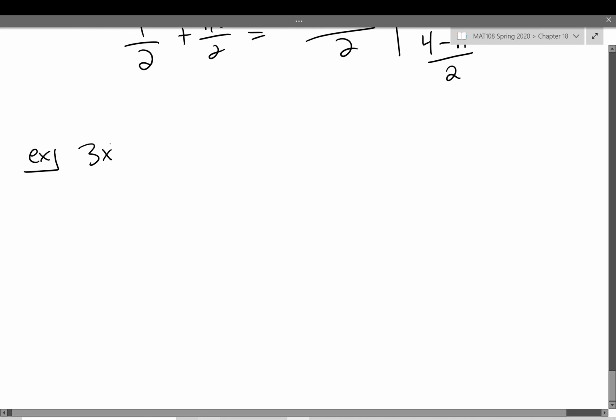How about 3x squared minus 9x plus 8 equals 0? Okay? So step 1, I need to divide everything by 3.